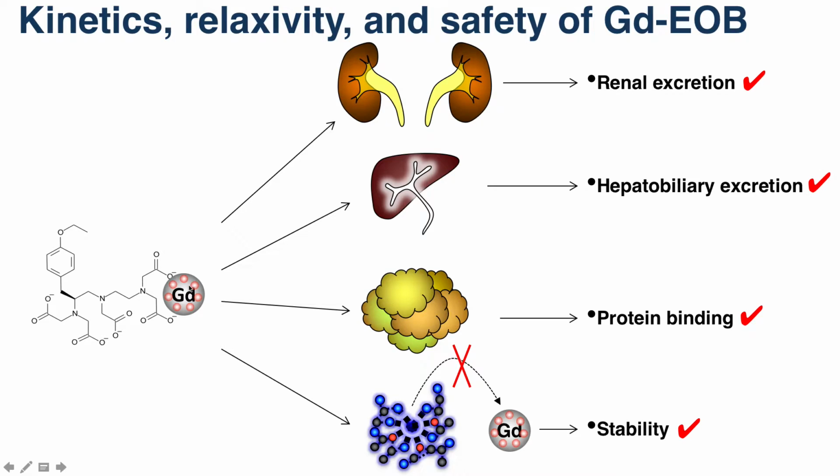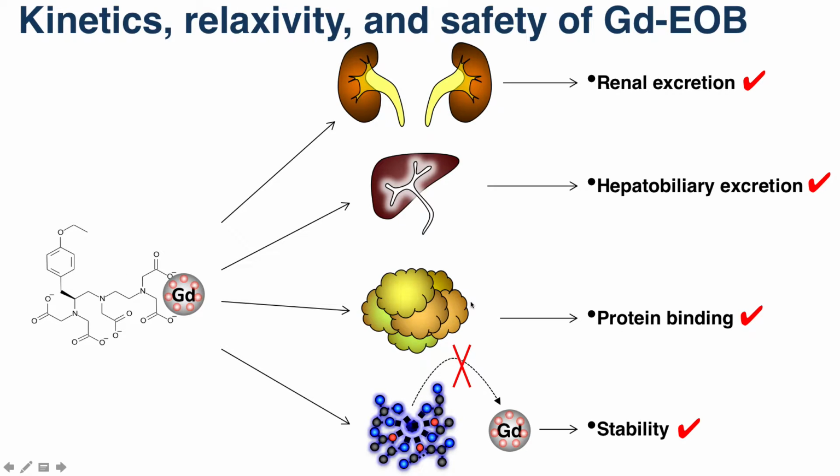So here is gadolinium DTPA, and gadolinium DTPA gets excreted by the kidneys. And here is ethoxybenzyl. So here is gadolinium DTPA ethoxybenzyl, and this is going to get excreted by the kidneys. It's also going to get excreted by the bile ducts because of the ethoxybenzyl.